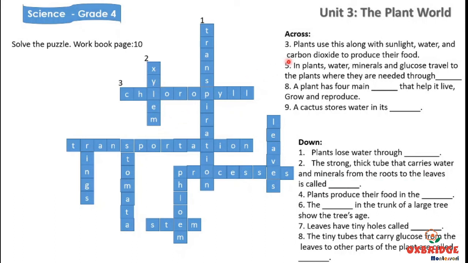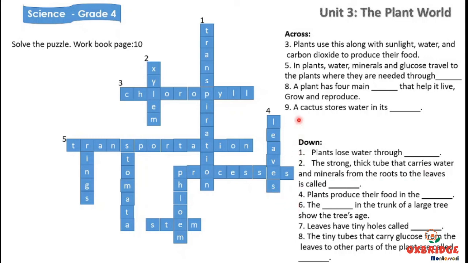Number 3: plants use this along with sunlight, water, and carbon dioxide to produce their food: chlorophyll. Chlorophyll is present in leaves and produces food with the help of carbon dioxide, water, and sunlight. Number 4: plants produce their food in the leaves, because leaves are known as the food factory of the plant.